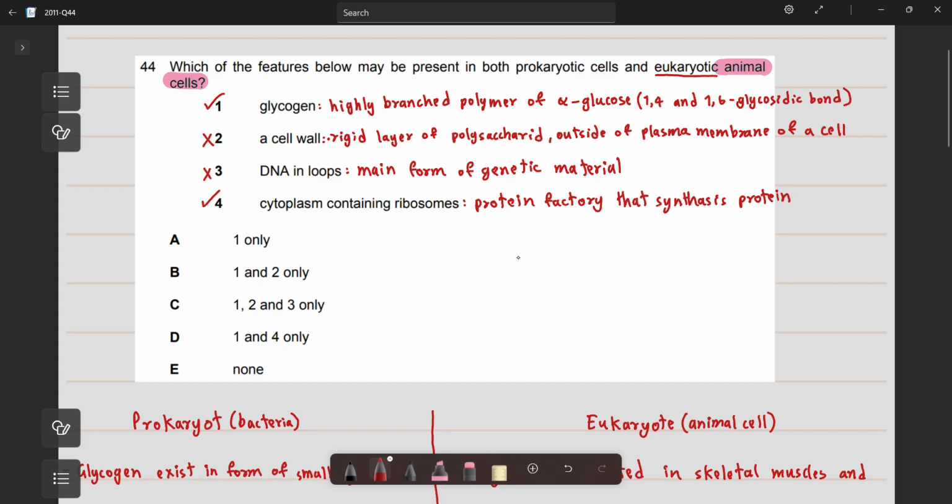The main components that it uses are mRNA, ribosomes, and tRNA. Those are the three main components involved in protein synthesis, and this protein synthesis is called translation. This is the most important key point you must remember about ribosome. Whenever you hear the word ribosome, these are the three main things: protein factory, translation, and these three components.